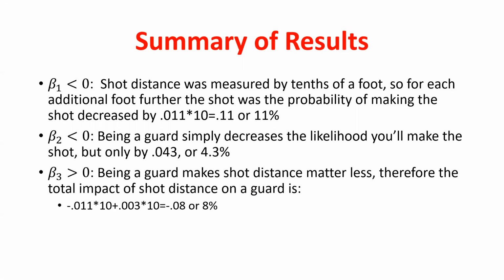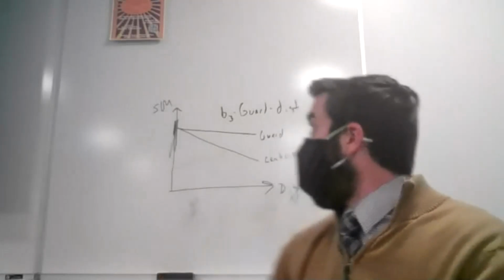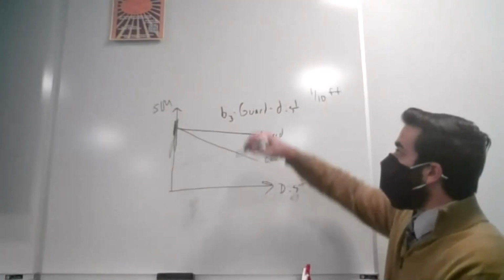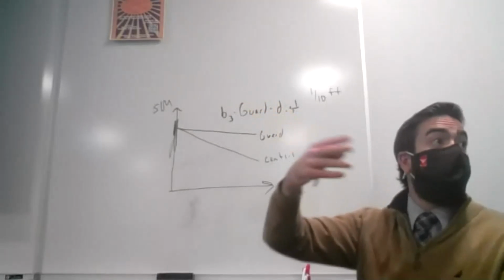Is that because guards are less likely to make the shot? Why is there a difference? So it's not that they're more likely, right? Because remember, we're thinking about this effect, so as they move back further from the rim, the decrease in the probability they make the shot is actually lower. The negative slope isn't as great, right?